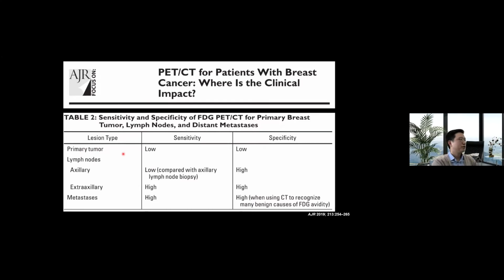So for primary tumor, the FDG PET CT scan is not very good to evaluate the primary tumor, but for evaluation of axillary lymph node, it has pretty high specificity, but relatively low sensitivity. But for distant metastasis, the sensitivity and specificity is quite high, which is similar with lung cancer.